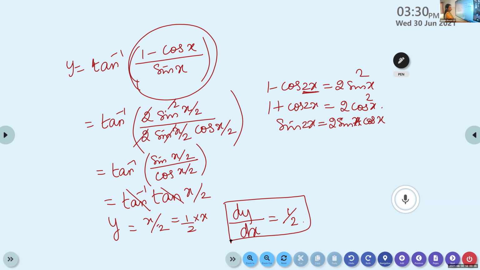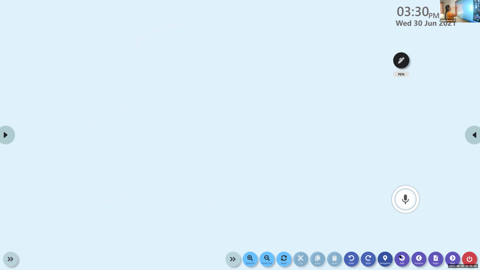Write the next one. Find the derivative of sine inverse of 2x into root of 1 minus x square. Okay, somehow we should bring it in terms of sine.